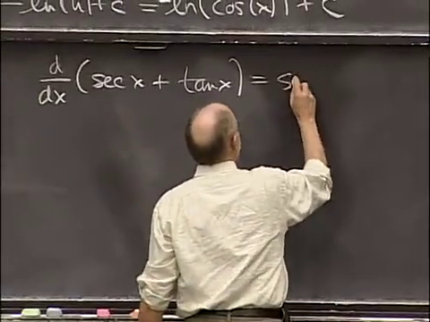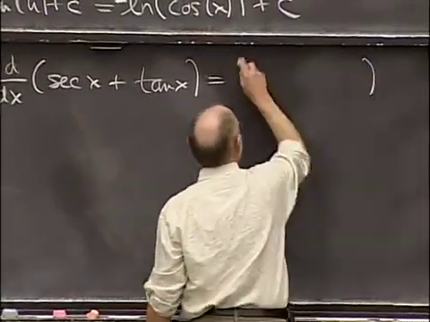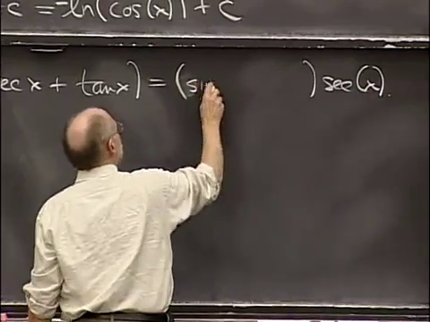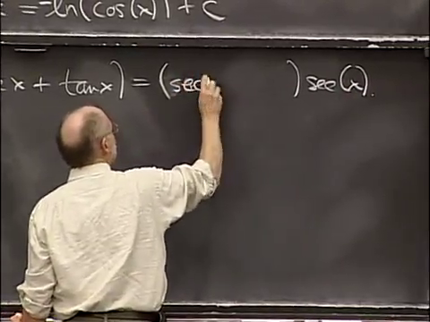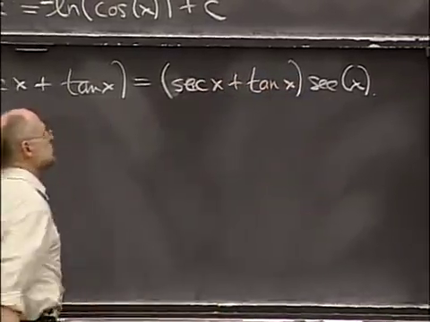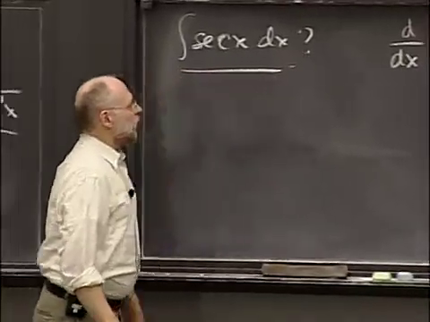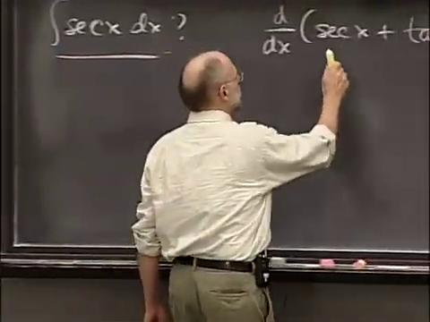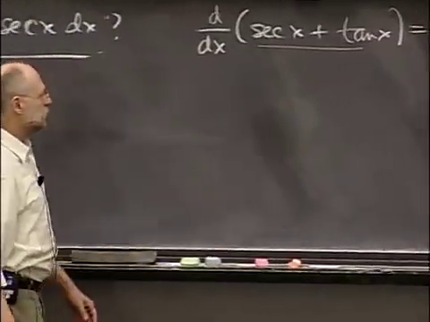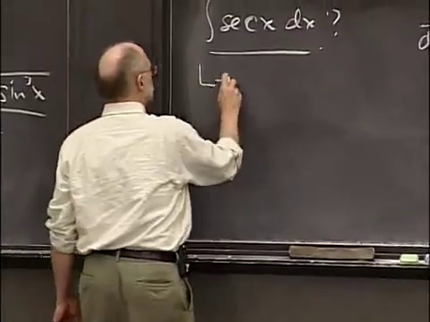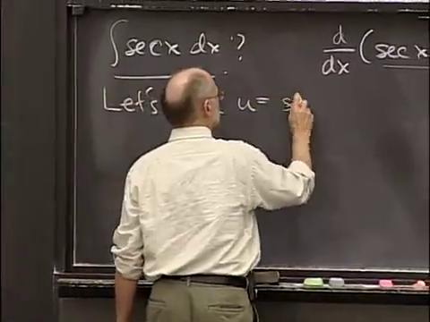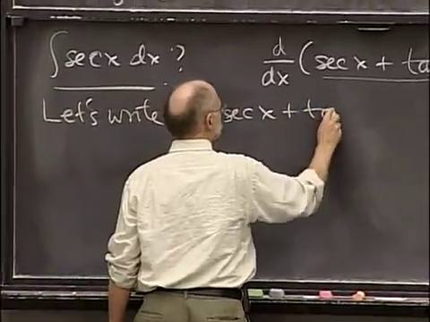There's the secant of x that occurs in both terms, and then in one term there's another secant, and in the other term there's a tangent. So that's interesting somehow, because this same term appears on both sides of this equation. Let's write u for that secant x plus tangent of x.